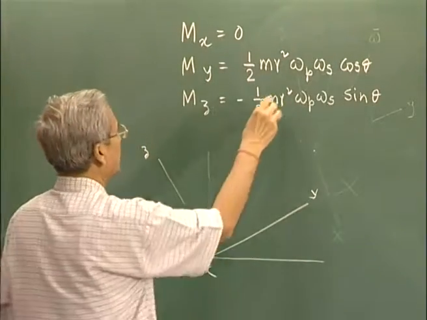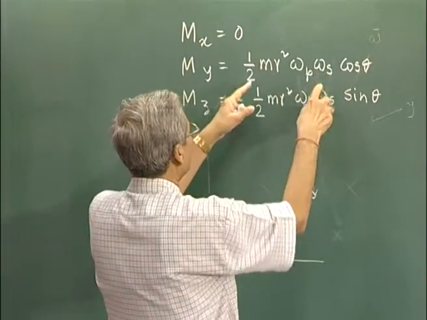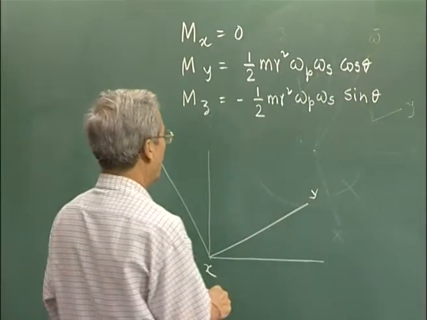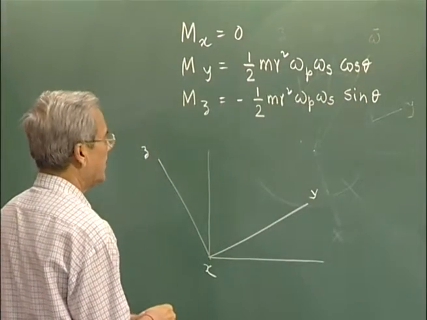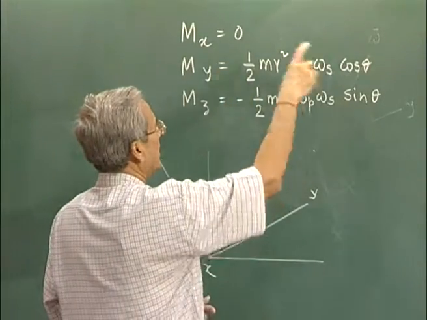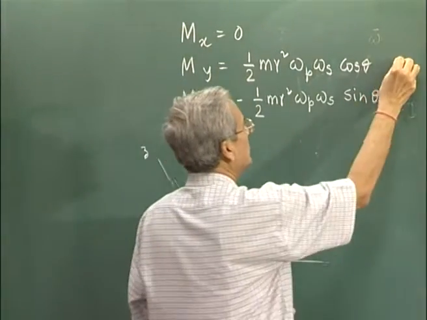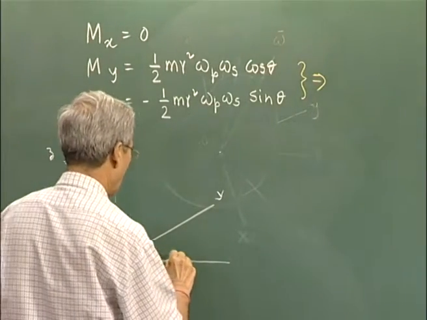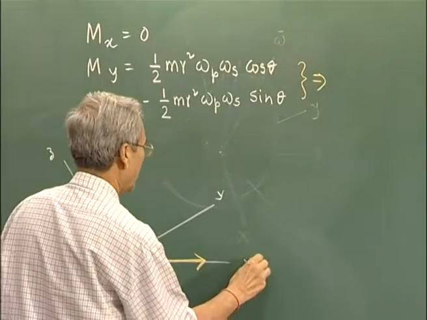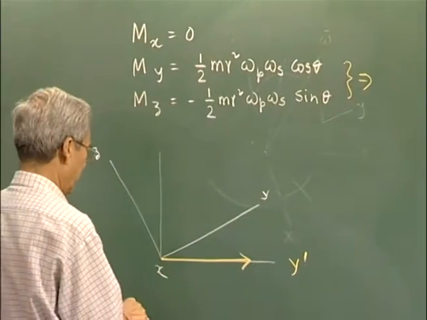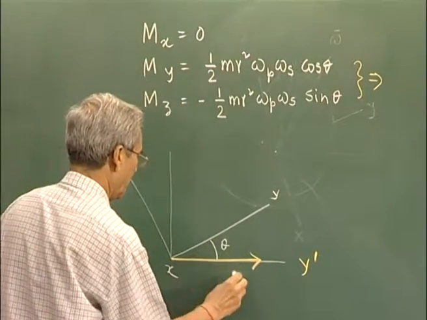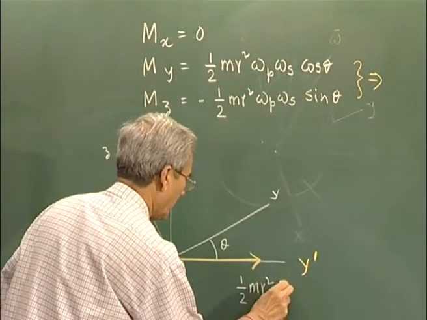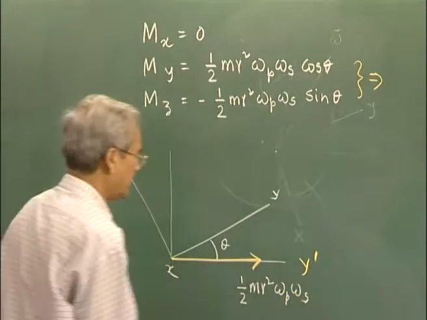The interesting thing is this, that M y and M z, the magnitude is same, one is cosine theta, one is sin theta, and we know that such a thing represents a vector. That means these two can lead to a vector which is along this direction. This is half m r square omega p omega s.